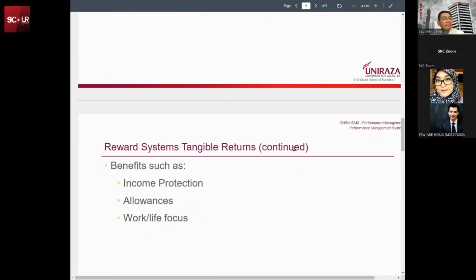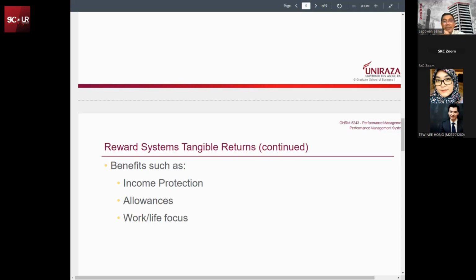Then benefit, okay, this one is tangible, but in terms of benefit, income protection, allowances, work-life focus. Okay, if you want to know more about income protection, some income protection they give you profit sharing, some income protection they put your stock option.